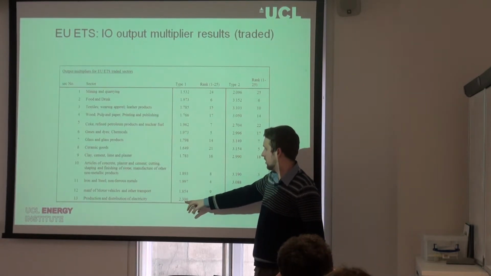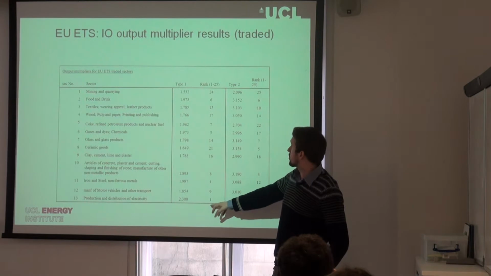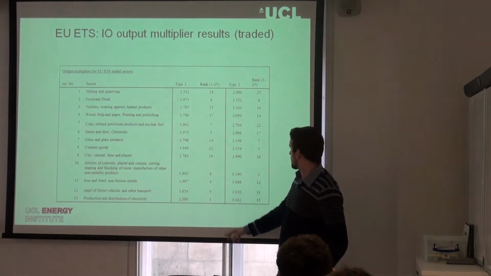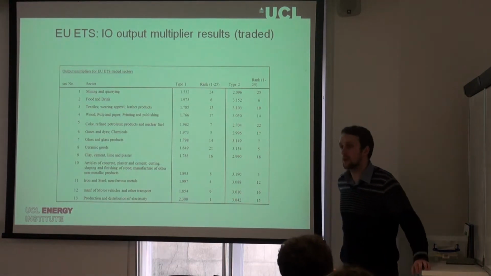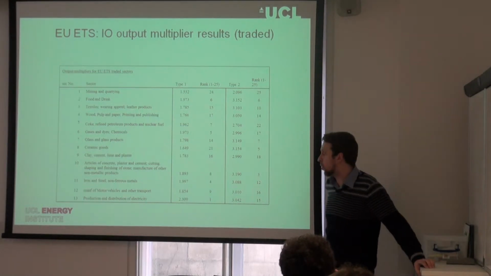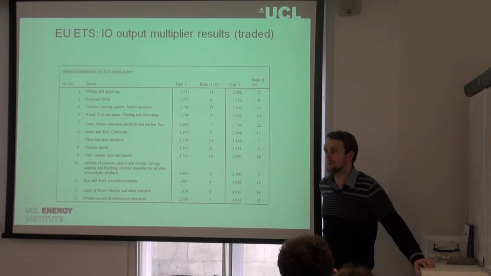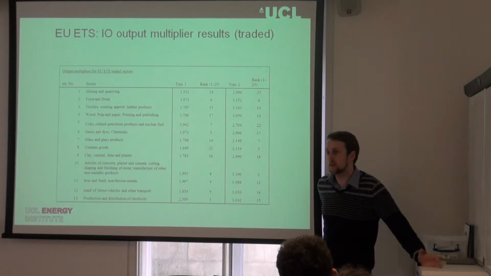As you can see, electricity is the highest ranked sector here for these type 1 output multipliers. So if there was a 10 million increase in household demand for electricity, you would see a 23 million increase in output in the economy overall. It's roughly what that's saying.